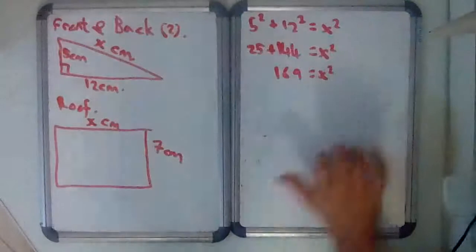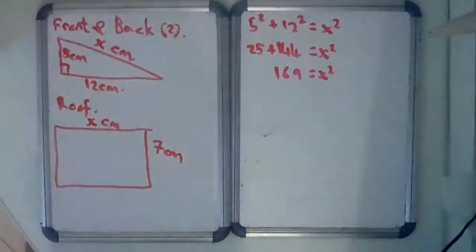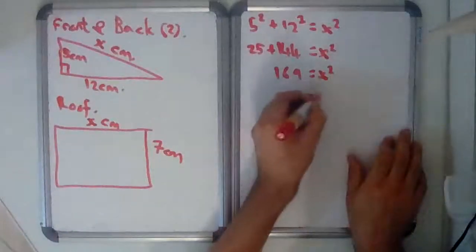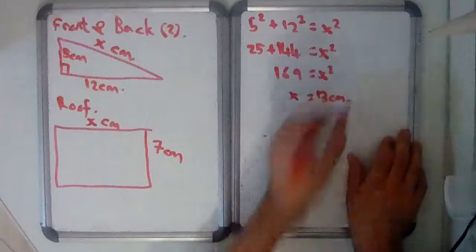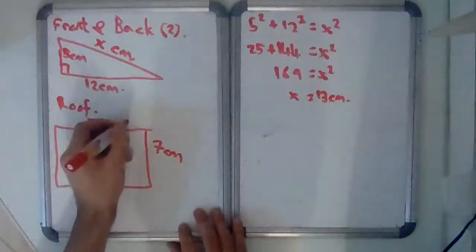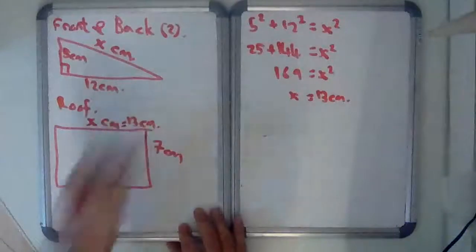And hopefully you know that 169 is a very friendly number when you're trying to find the square root of it. It is a square number, it's 13 times 13, so x equals 13 cm. So now we can put this in, x equals 13 cm.